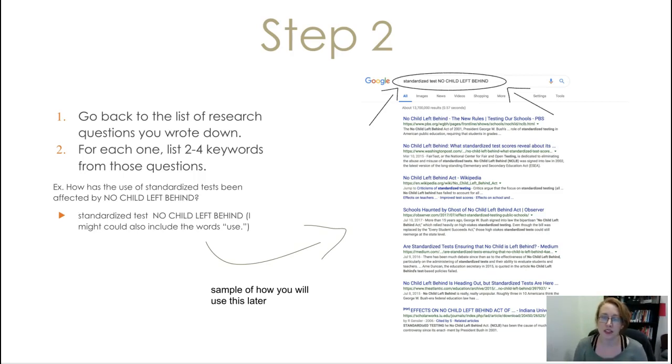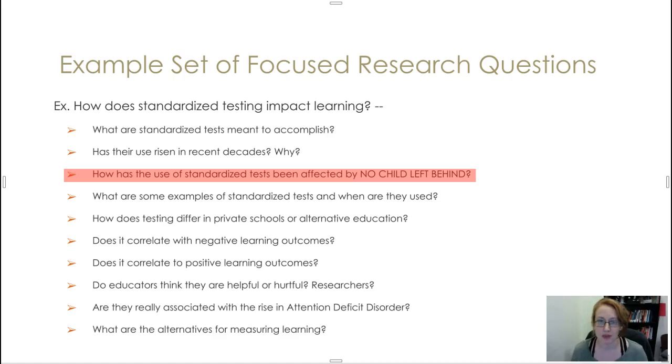So what you're going to do is go back to that set of research questions that you have, maybe create some space for each one, and then for each one you're going to come up with 2 to 4 keywords. So just to get back in the Wayback Machine from the first video for an example, let's say I was looking at my big LOI of how does standardized testing impact learning. Well, you've already got some keywords and some synonyms for that big question, but let's say I wanted to look up specifically some information about standardized tests and No Child Left Behind.